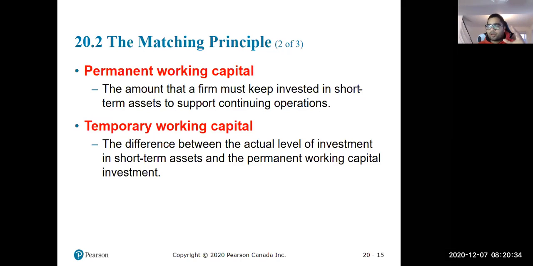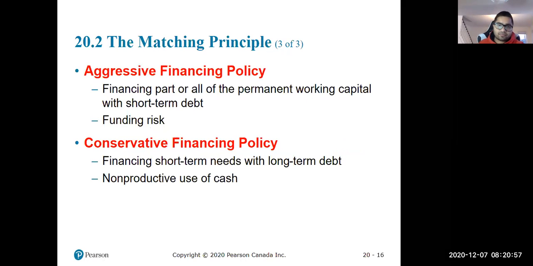Why is it important to distinguish between baseline cash demand and additional cash demand? Because for the baseline, you can use long-term financing so that your borrowing cost is low, and you can use short-term borrowing for the additional working capital.